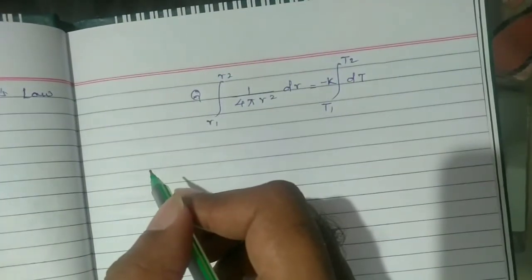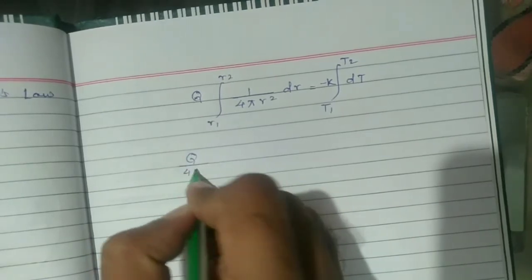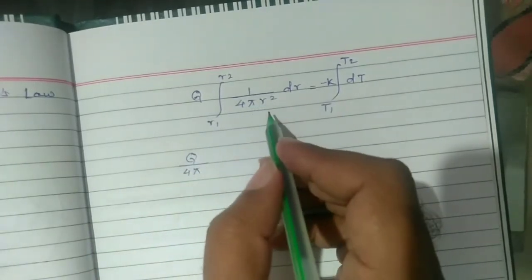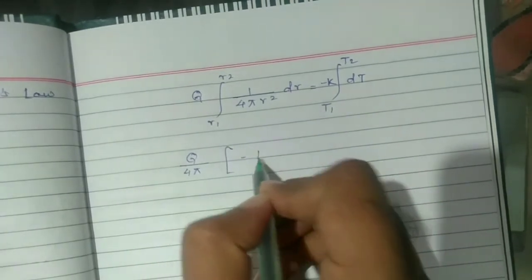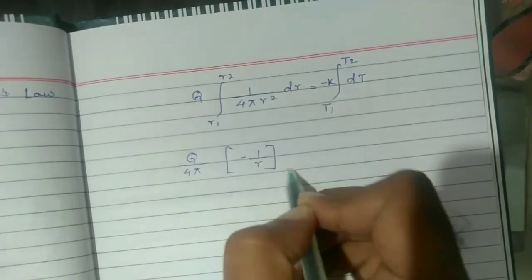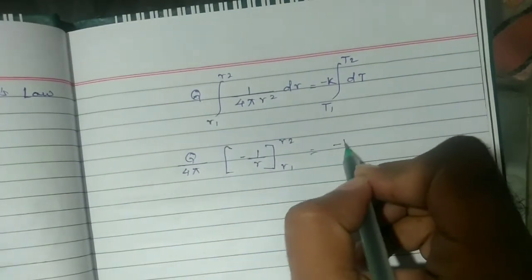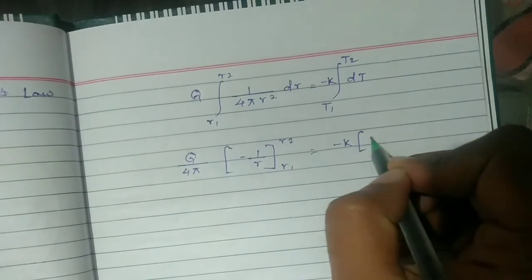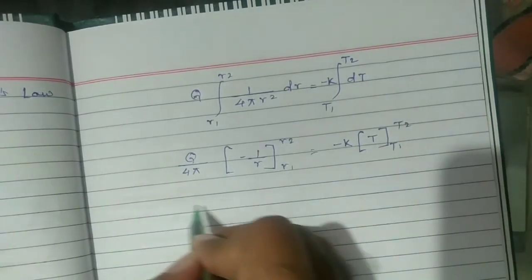Now let us integrate. So what is the integration of 1 upon r square? It is minus 1 upon r. So you have minus 1 upon r from r1 to r2 equal to minus K in bracket T from T1 to T2.